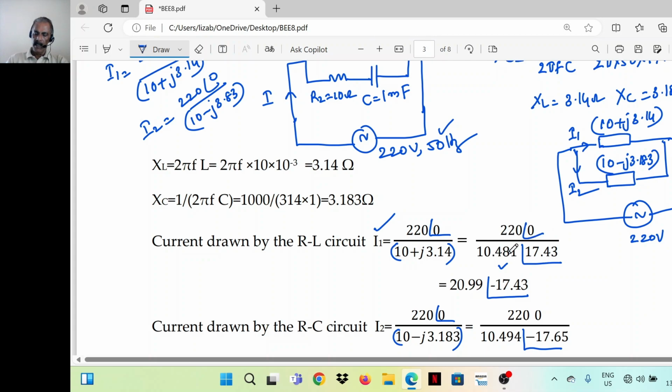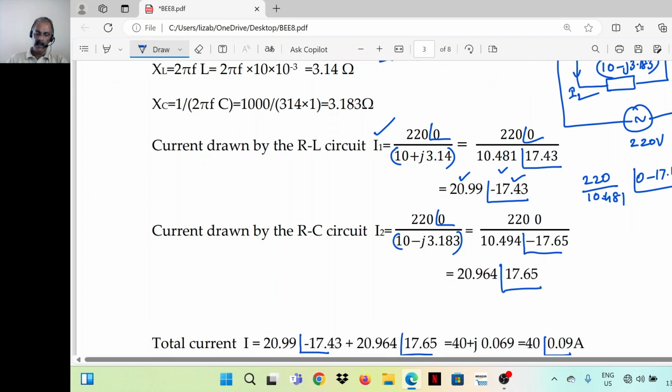That is 220 divided by, when we divide these quantities, 220 divided by 10.481 angle 0 minus 17.43. That is 220 divided by 10.481, 20.99. 0 minus 17.43 is minus 17.43.